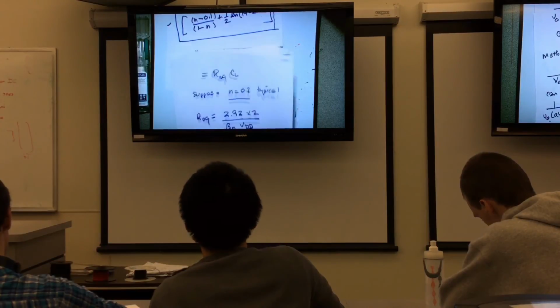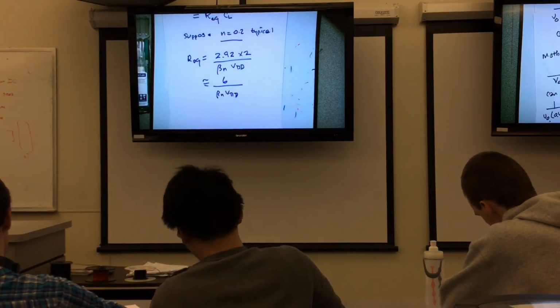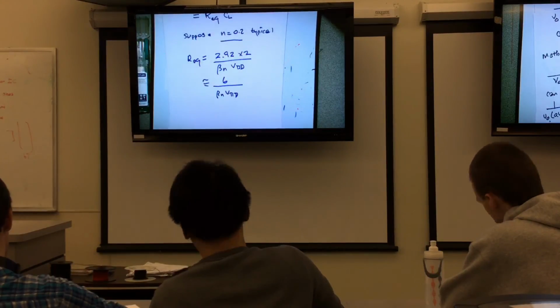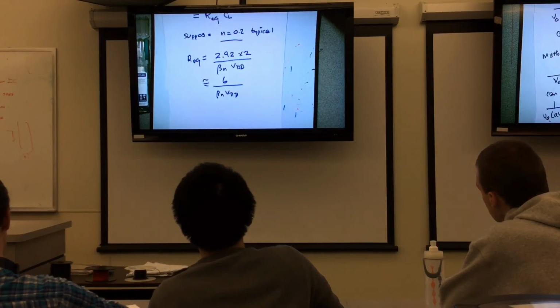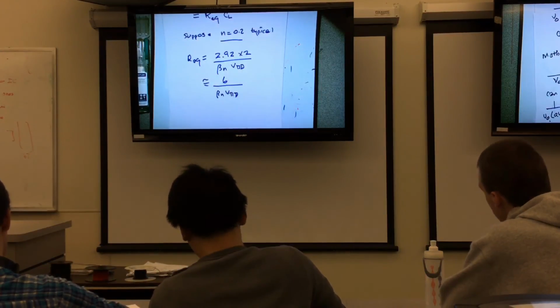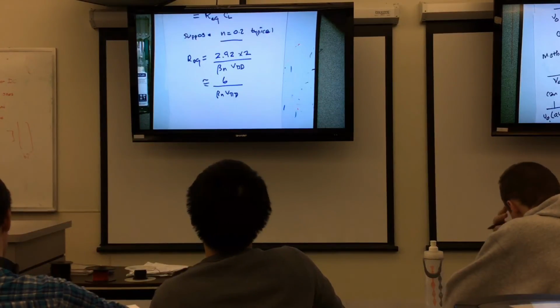Yeah. This is just a numerical insertion into those equations. So, kind of means this almost is what the resistance looks like when you have a lot of nonlinear charge and discharge.